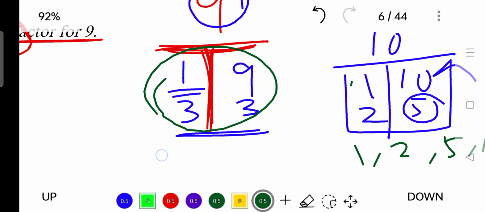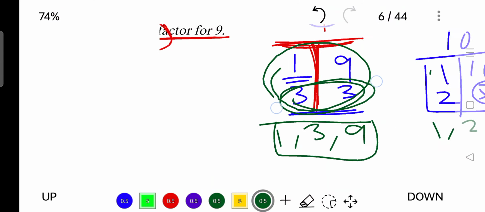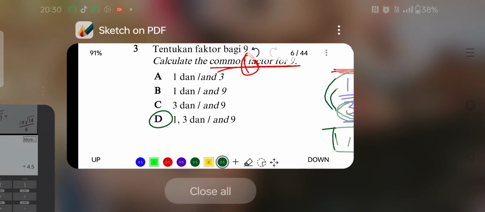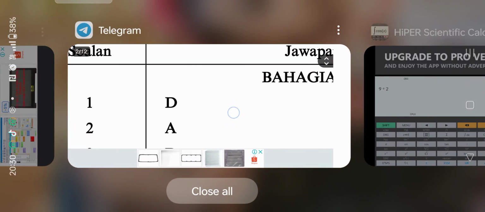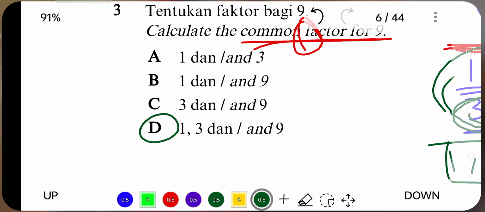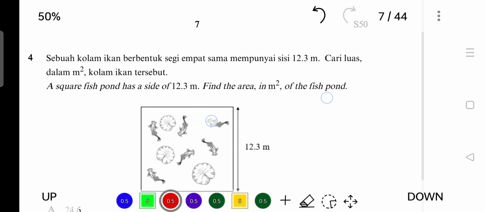So here the answers will be 1, 3, because they are repeating the same number. You can just write it once. So the answer is 1, 3, and 9. So the answer is D. Question number 3 is the answer D. Yes, you got it correctly. So let us mark this and move forward to number 4.